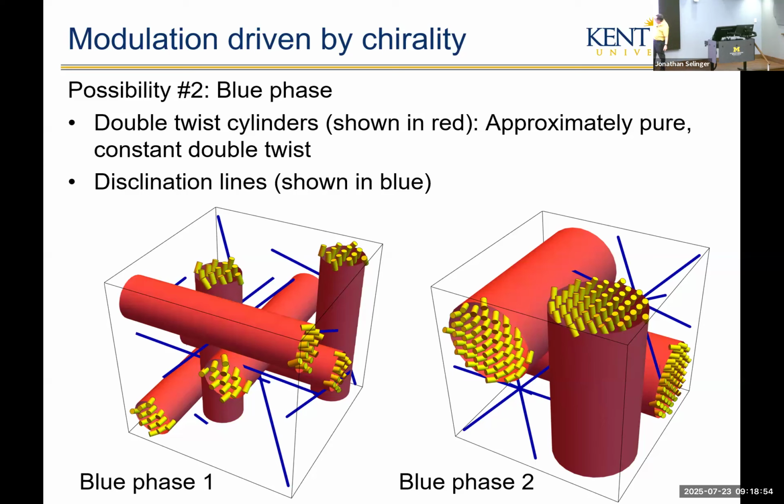And then it can make a lattice with cubic symmetry of these cylinders running in the X and Y and Z directions. And it fills up space that way almost perfectly, except that there have to be some defect lines, topological defects that run in between these double twist cylinders. Okay, and there are different variations with either BCC or simple cubic symmetry. These things really do form in experiments.